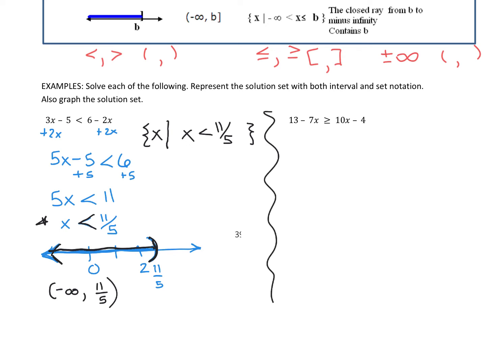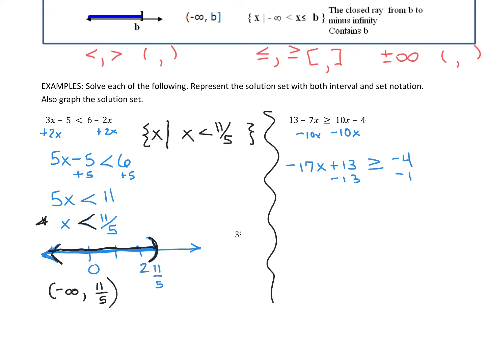Let's do that again for this next example. 13 minus 7x is greater than or equal to, and that equal to tells me I'm going to have some brackets, 10x minus 4. I like to have my x on the left, so I'm going to subtract 10x from each side. So we're going to have negative 17x plus 13 is greater than or equal to negative 4.